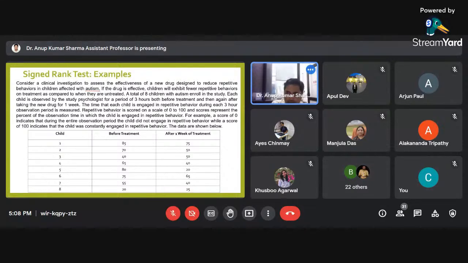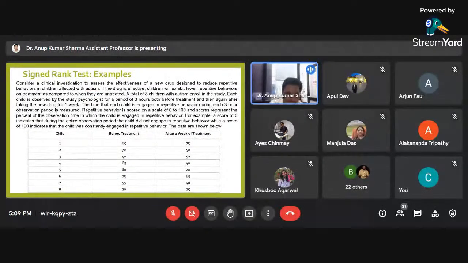Eight children with autism were enrolled in the study. Each child was observed by a study psychologist for a period of 3 hours before treatment, and then again after taking the new drug for 1 week. The time the child engaged in repetitive behavior during each 3-hour observation period was measured.